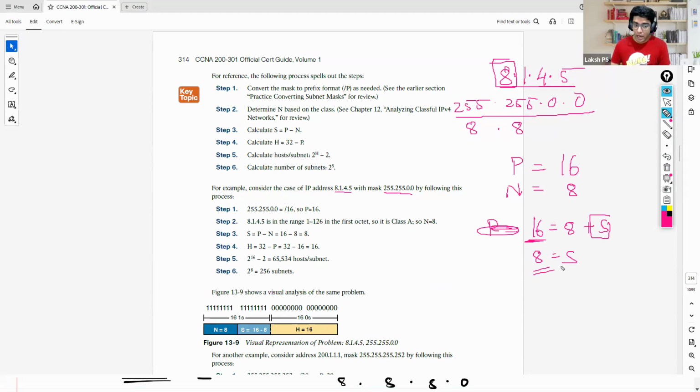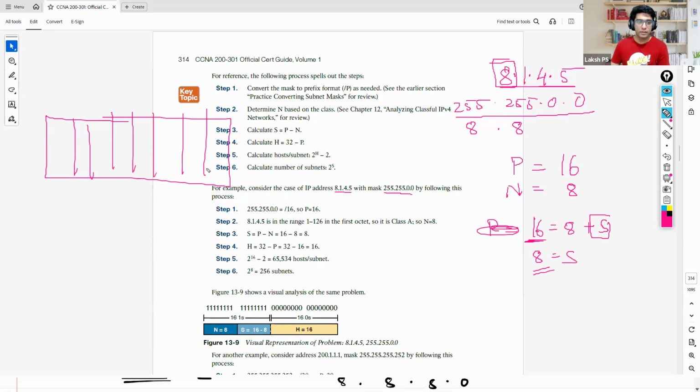Now the next thing is how many subnets are present. As I said, we are dividing a big network into smaller networks. This is a big network, the 8.0.0.0 network. We are dividing this 8 network into smaller subnets.